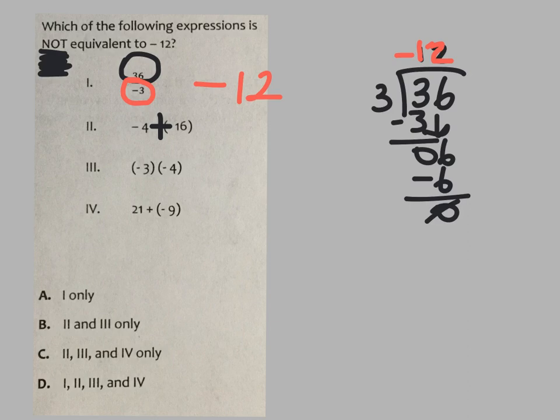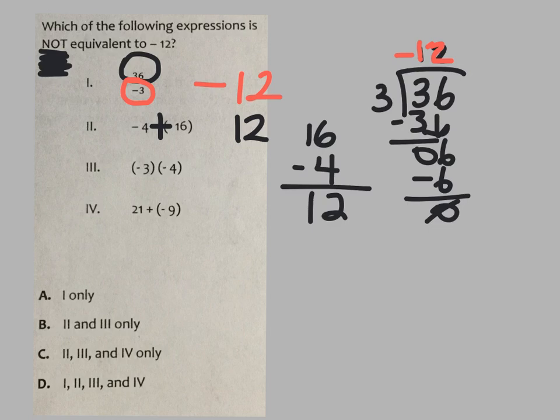When we're combining integers and they do not share the same sign, we have -4 and +16, we subtract the smaller number from the larger. And then we keep the sign of the larger number. And in this case, the larger number was 16, and it's positive. So our solution is +12.